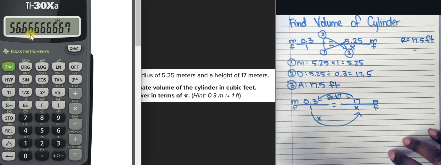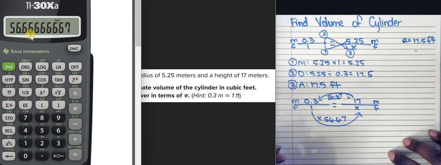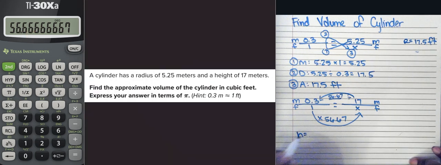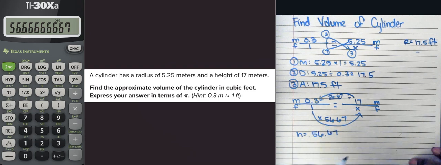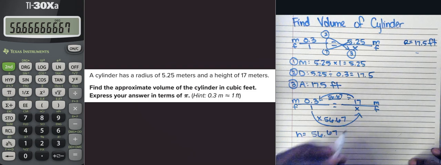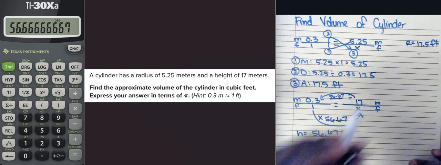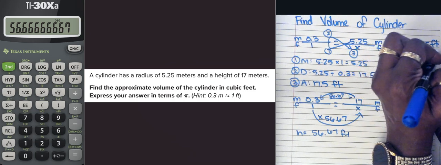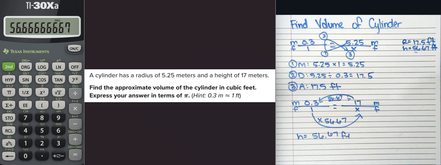So I'm going to multiply now by 56.67. What that tells me is that my height is going to be equal to 56.67 feet. Okay, so there's our height. All right, so now what we're going to do is find the volume of our cylinder.